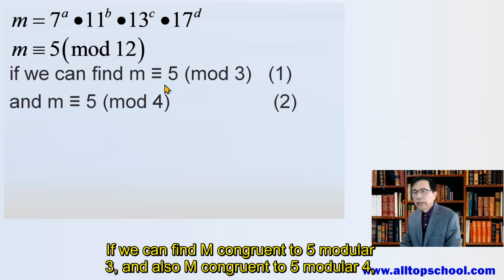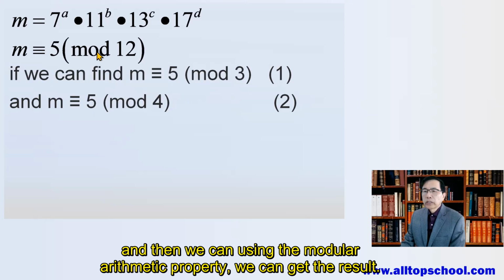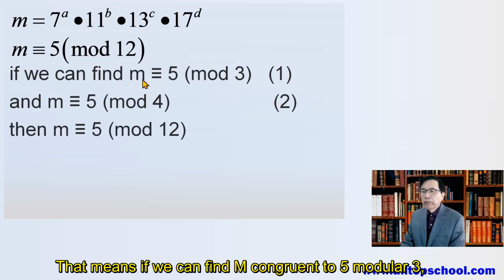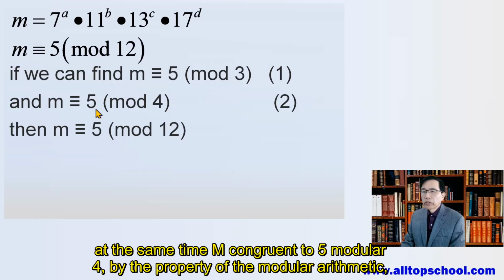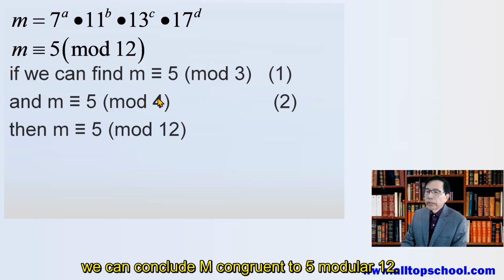If we can find m congruent to 5 modulo 3, and also m congruent to 5 modulo 4, then using the modular arithmetic property, we can conclude m is congruent to 5 modulo 12.